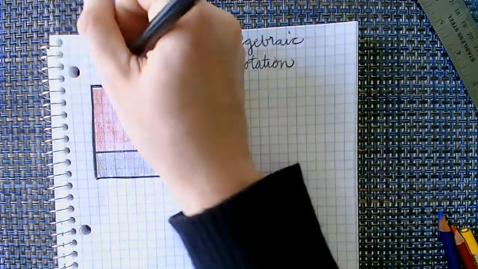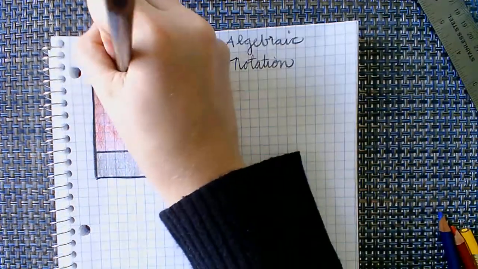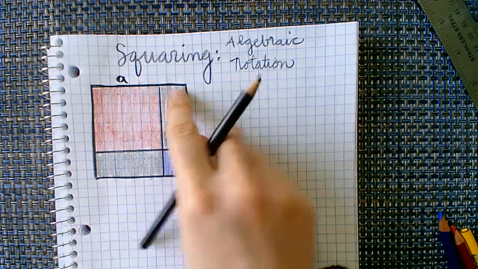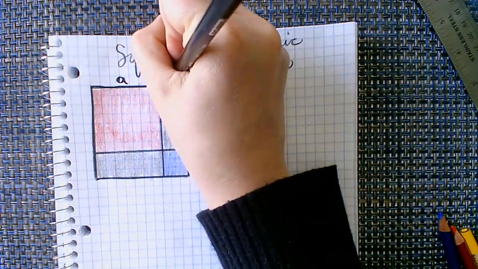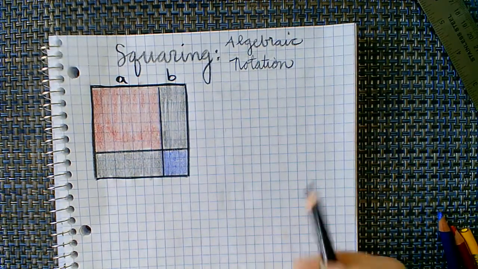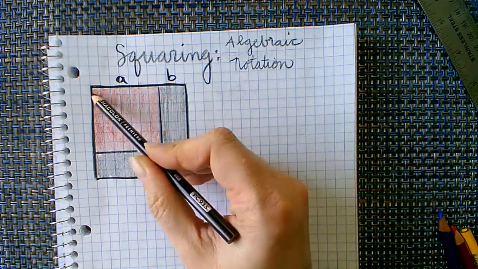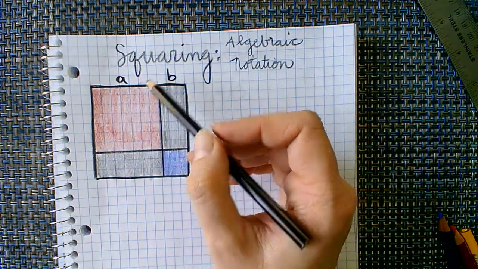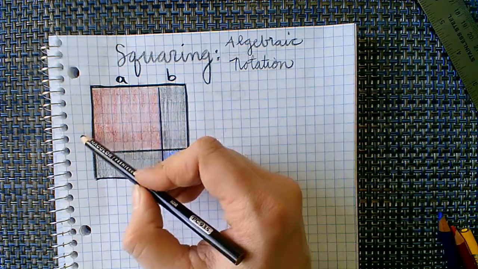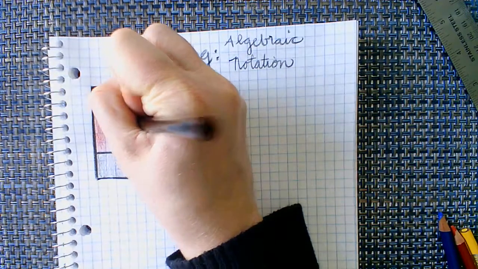So instead of calling this 1, 2, 3, 4, 5, 6, 7, I'm going to call this A. And instead of calling this 3, I'm going to call this B. So how would I then describe the dimensions of this square here? Well, it's A times A, which I could call A squared.